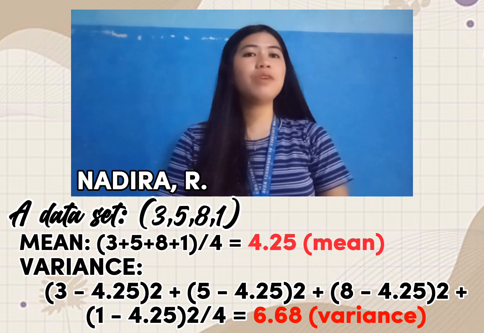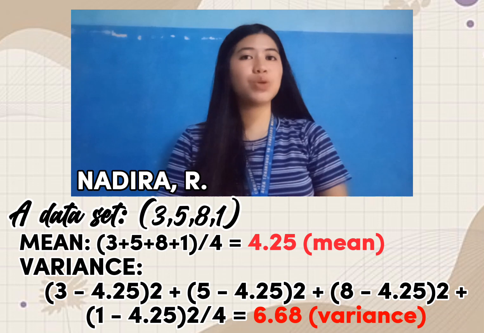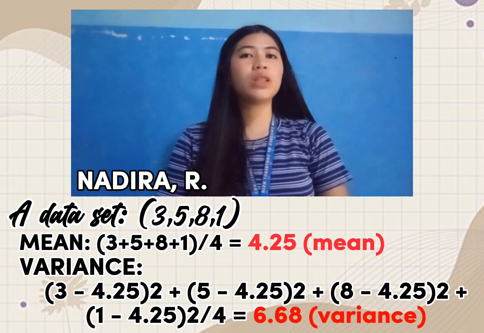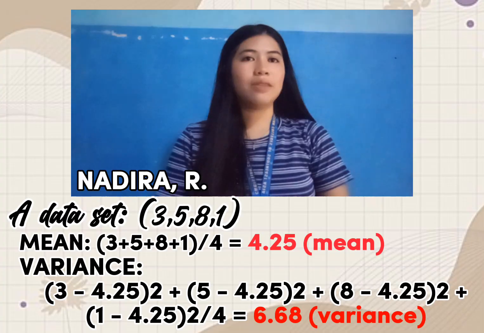Then by using the definition of variance, we get [(3 - 4.25)^2 + (5 - 4.25)^2 + (8 - 4.25)^2 + (1 - 4.25)^2] / 4 = 6.68.